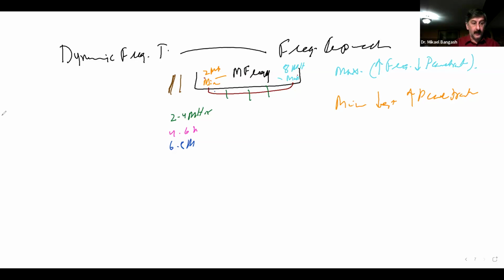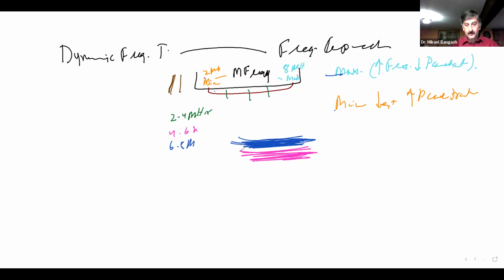Where we then can say, when we look at 6 to 8 megahertz, that's a high frequency that is going to produce the shallow part of your image. 4 to 6 megahertz is a lower frequency, which is going to produce the deeper part.